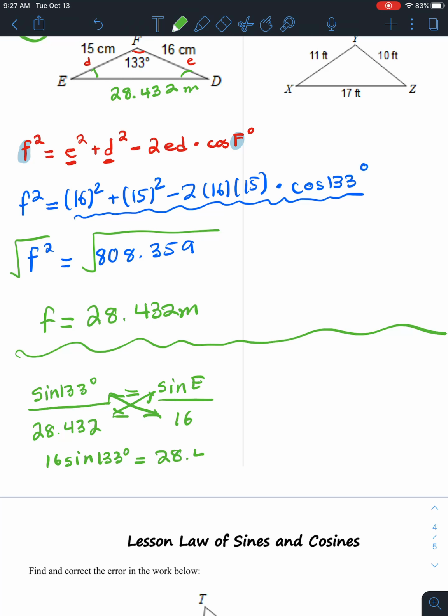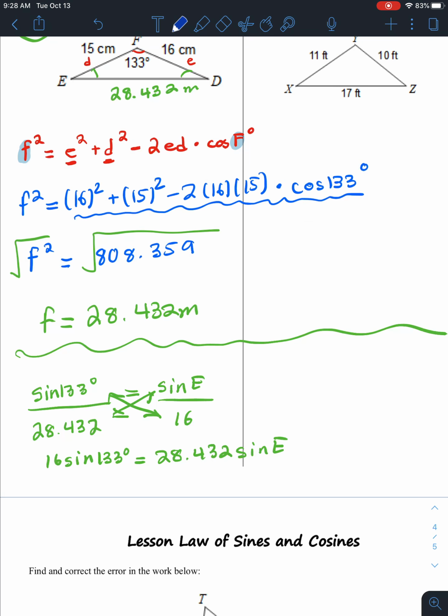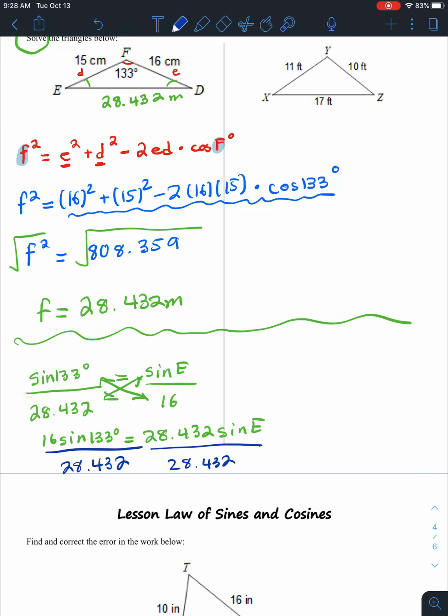As you can see, the work gets a little messy at times. And you divide by 28.432. Remember, like I said last video, we don't really simplify until the end. So you're like, wow, all this.